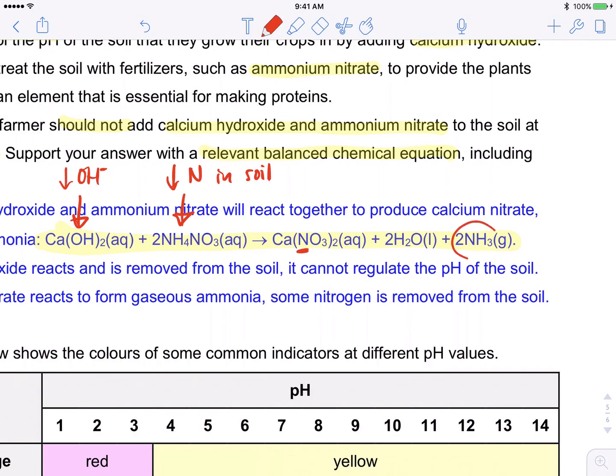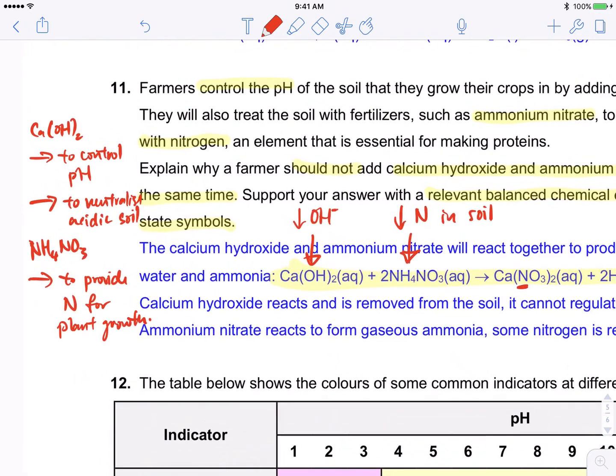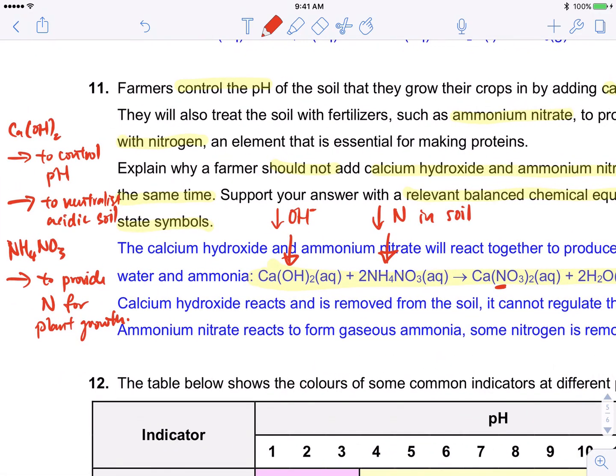Nitrates are still here, but note that ammonia is a gas which will evolve out of soil. It will just become a gas and go out of the soil. So in that sense, we are losing hydroxide ions, so it is less effective in neutralizing the soil.